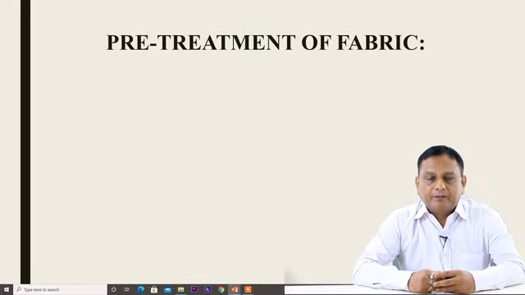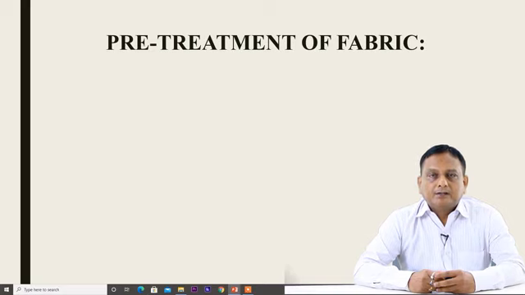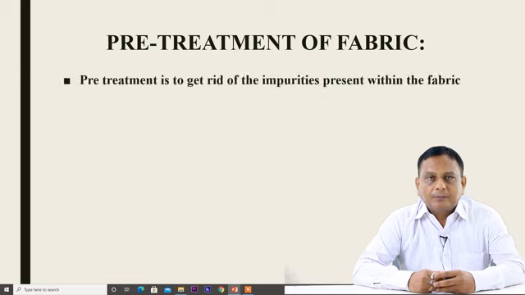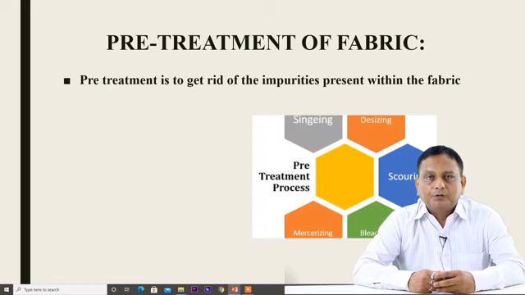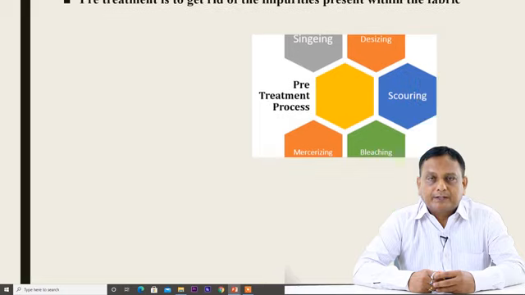Pre-treatment of the fabric is necessary, because without pre-treatment the dyestuffs will not be absorbed on the fabric. So pre-treatment is done on textile fabrics to get rid of impurities in the form of singeing, desizing, scouring, bleaching and mercerization. In those processes also there are a lot of natural products which can be utilized, and those need to be investigated.